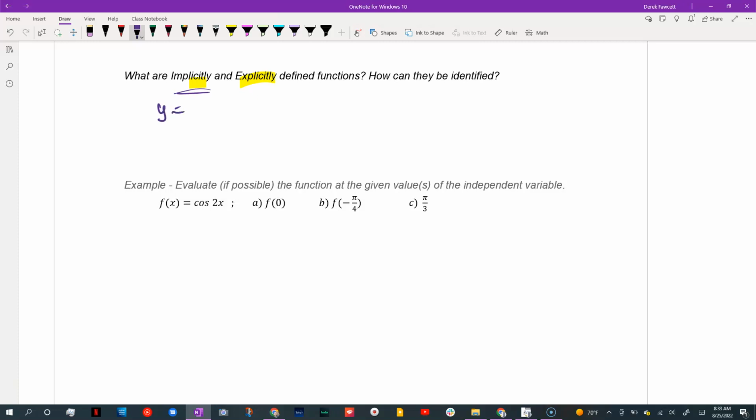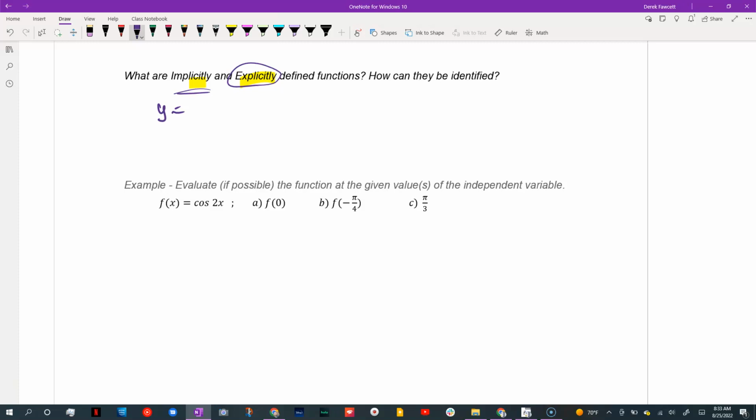But if it's implicitly defined, you cannot do that. So later on this year, we're going to learn how we find the derivatives or integrals of functions that are implicitly defined, right? And if it's explicitly defined, then it can be separated. It's much easier to work with.